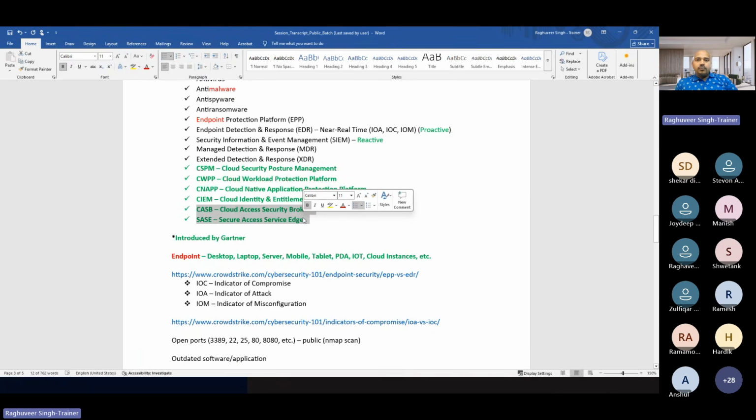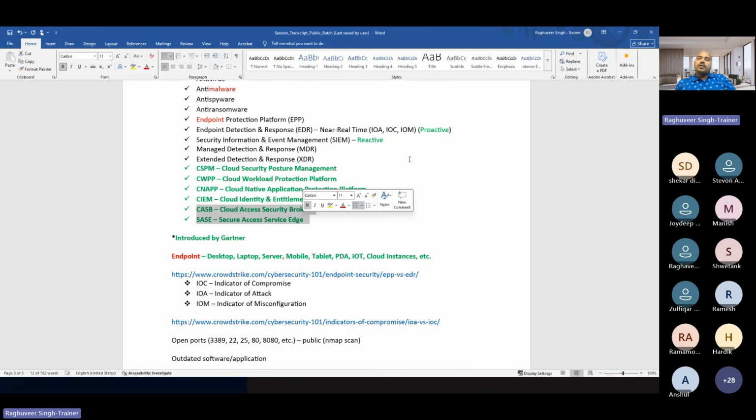Now, the point that I'm trying to make here is that security is a vast domain. There is a lot that happens in the security domain, but once you start working in it, you will be quick to connect the dots and you will understand that there are multiple varieties, but when you combine them, they can be primarily categorized into two solutions. One is proactive security, the other is reactive security.